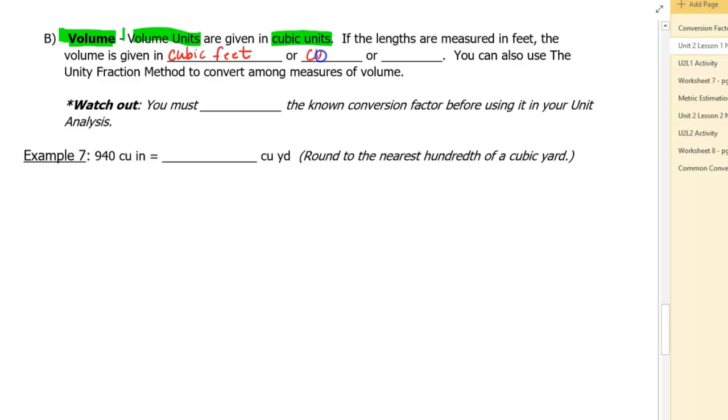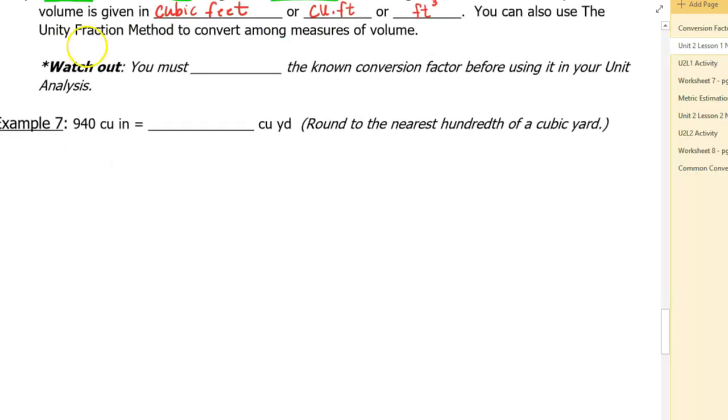We could also abbreviate cubic feet as feet with an exponent of 3, feet cubed. You can also use the unity fraction method, which is another name for unit analysis, to convert among measures of volume.